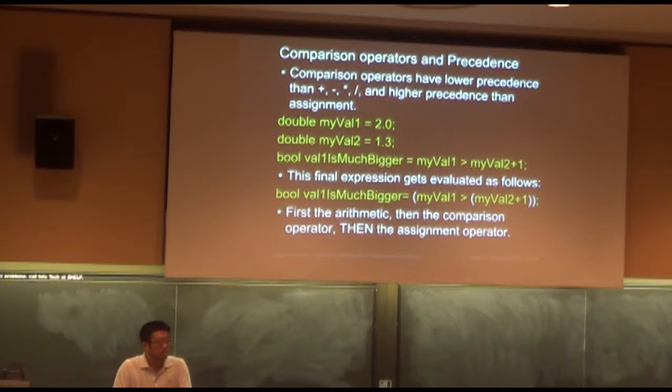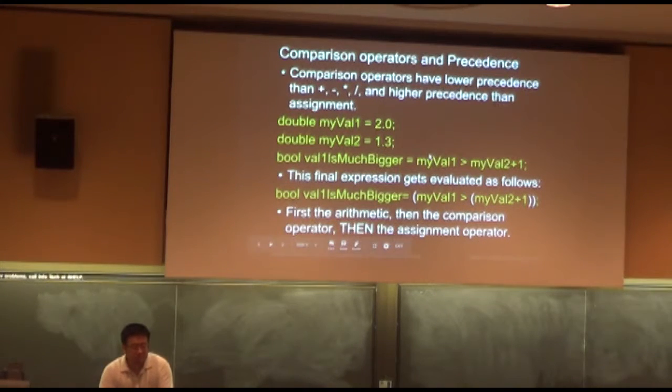Great. So what if you did bool val1 is whatever equals my val1 greater than my val2 plus plus, and then you did the output, would that be false, would that be true, or how would that work? If the expression was bool my val1 is much bigger equals my val1 greater than my val2 plus plus, and there was no plus 1, then that would be a post-increment, and nothing would happen until after this line is completed.